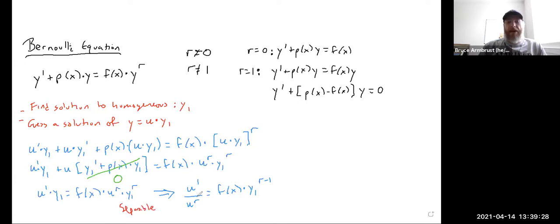That means now we can actually solve for our u, because you can integrate, and then once you've got that u, you just multiply it by your y1, and we've got our solution.